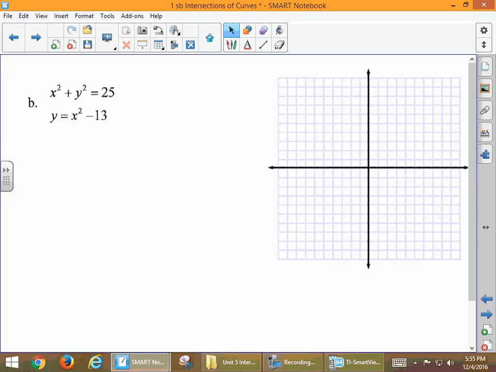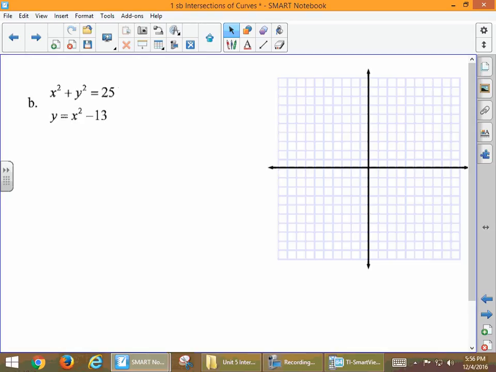If you do remember how to graph it from Algebra 1 or Geometry or even Algebra 2, I think that could be helpful. But ultimately what we're looking at is how do we find the intersections of a circle, which is what x squared plus y squared equals 25 is, and y equals x squared minus 13, which is a parabola.